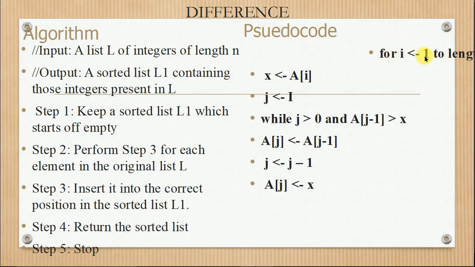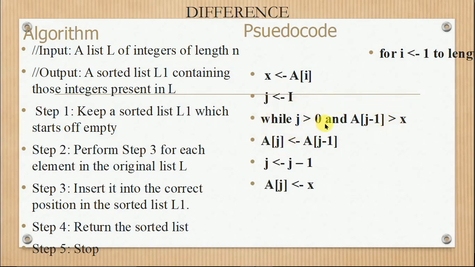That is, i is from 1 to length of A. Here assignment is represented in the form of an arrow if you are developing pseudocode. First, the ith element that is there, I will store in x, and then I will start with j equal to i minus 1, and while j is greater than or equal to 0, you need to shift elements until you can place the element in the proper order, until it satisfies the exact position. Until then the while loop is going to be executed.